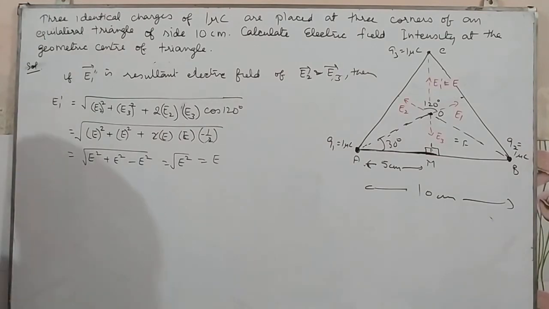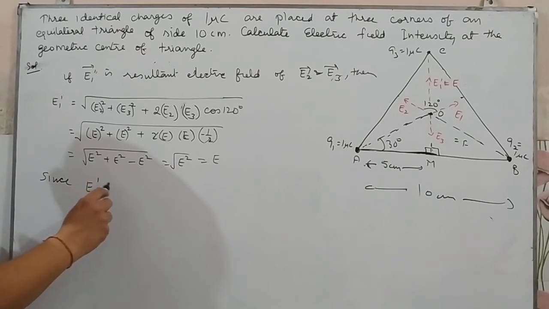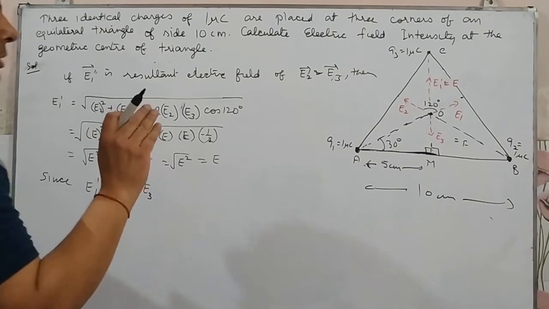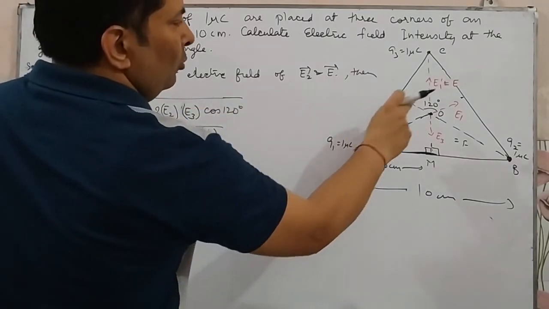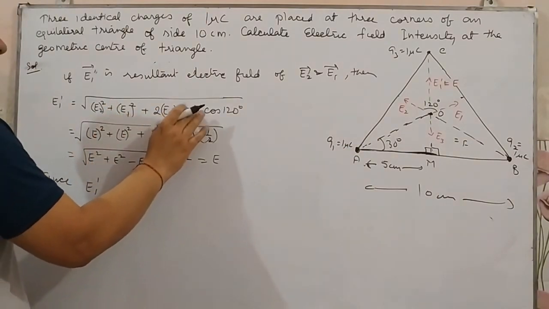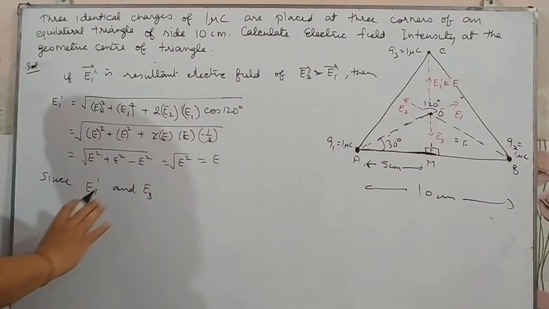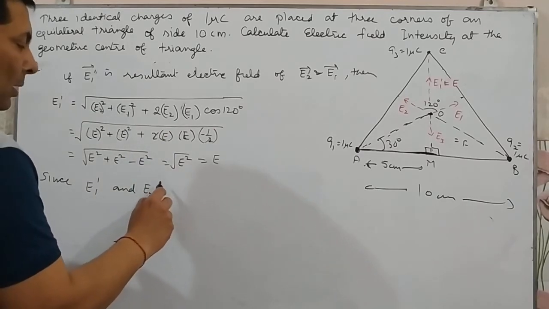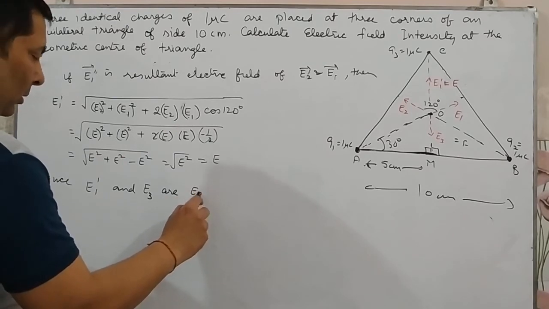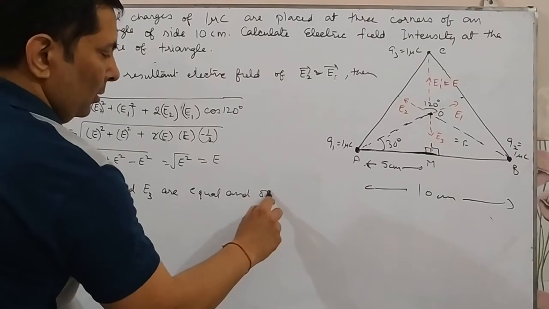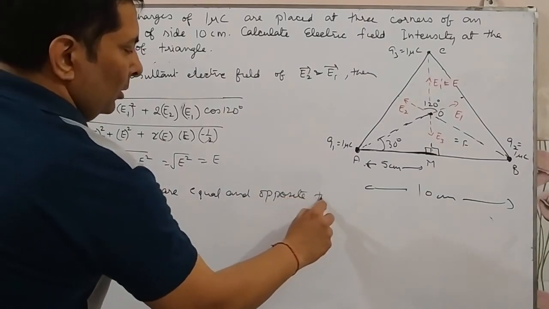Okay, so write it here. So since E1 dash and E3, I just missed something, sorry, I'll write it here, E2 and E1. E1 and E3. This is E1. Okay, that's okay. So say this is E1 dash and E3 are equal and opposite to each other.